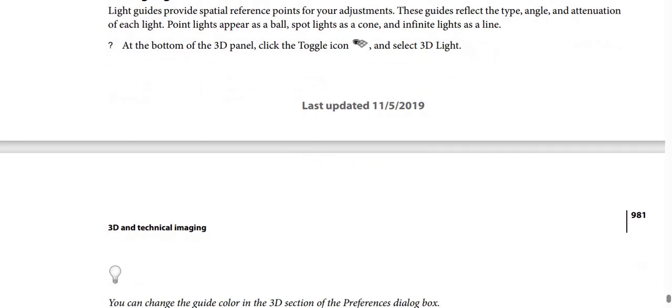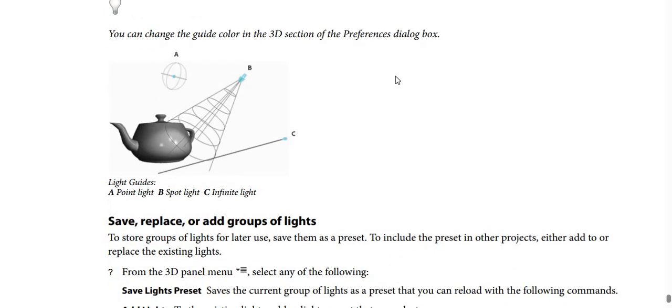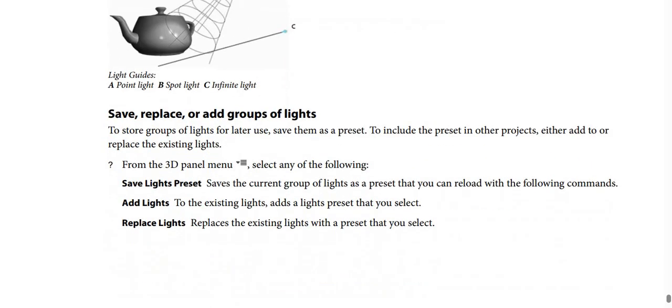And by the way, at the bottom of the 3D panel, you should click the toggle icon and select the 3D light. And you can change the guide color in the 3D section of the preferences dialog box. And this image now and the screenshot explain light guides for you. A means point light, and B spotlight, and C infinite light.